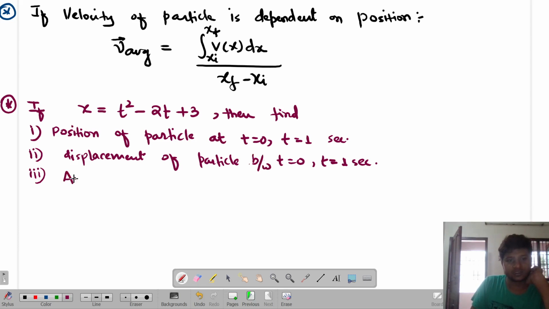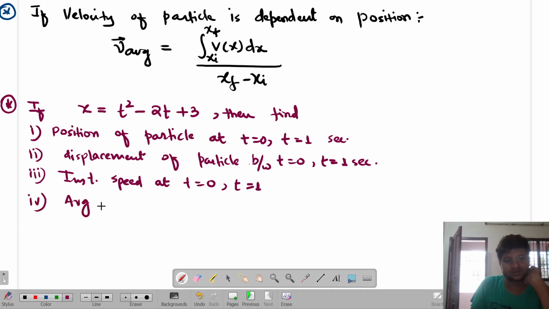Third thing is average speed. Let us calculate instantaneous speed first. Instantaneous speed at t is equal to 0, t is equal to 1 second. Fourth, average speed between t is equal to 0 and t is equal to 2 seconds.